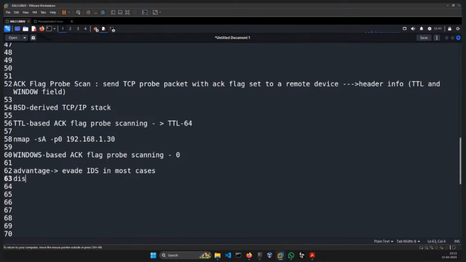And there is a disadvantage, that is the scan is slow and can exploit only older operating systems which are based on this BSD derived TCP/IP stack only. So scan is slow and can only exploit older systems based on this, right?